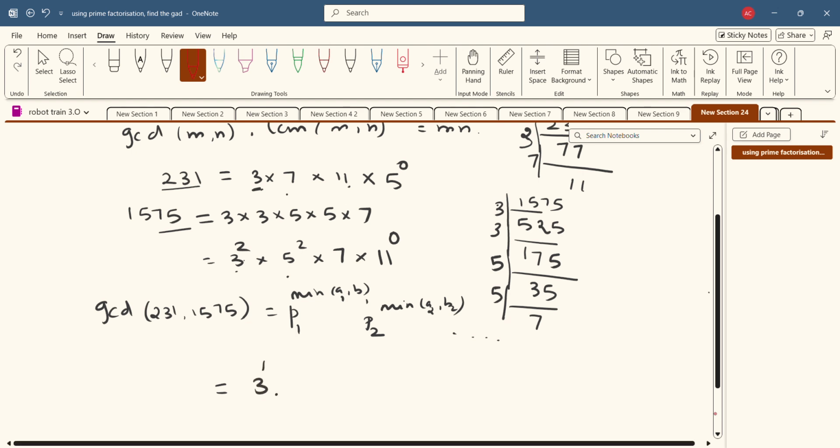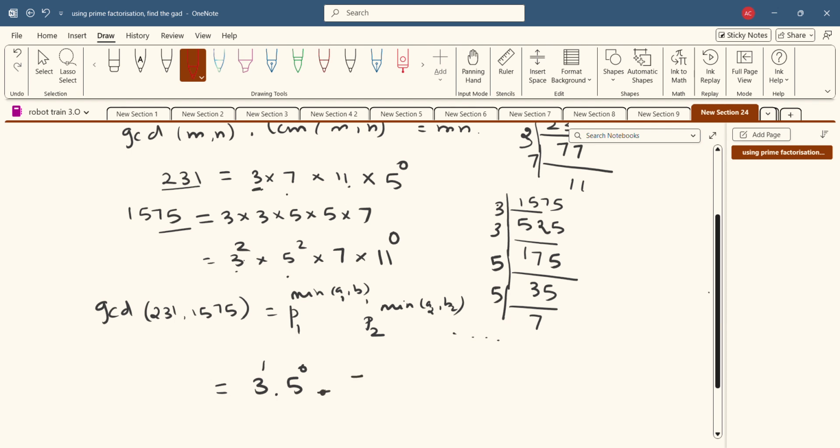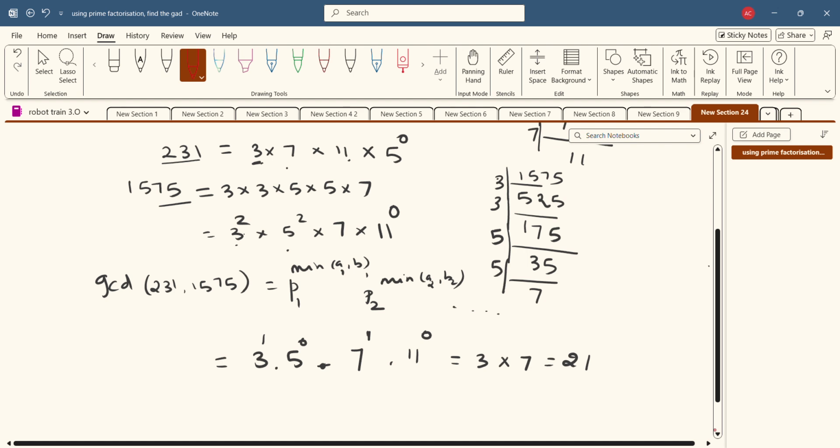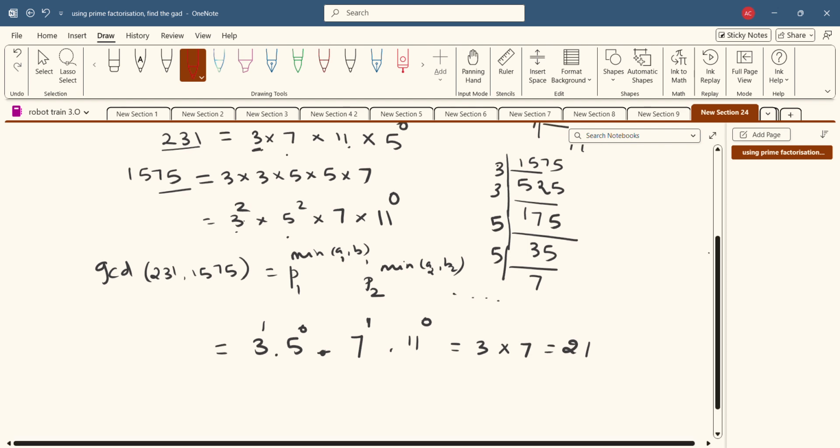For 5, the powers are 0 and 2, the minimum is 0, so 5 to the power 0. For 7, the powers are 1 and 1, so the minimum is 1. For 11, the minimum is 0. So we only have 3 into 7, which is 21. So the greatest common divisor of the two positive integers is 21.